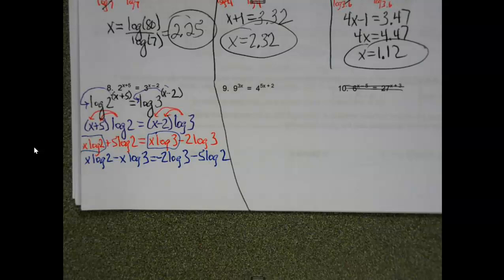And then to get to this final step, we wanted all of the logs with an x on one side. So I left the x log 2 alone, subtracted the x log 3 over. So I've got my common term here. And then this doesn't have an x, so I subtracted it back over to the side where my coefficients are just numbers.